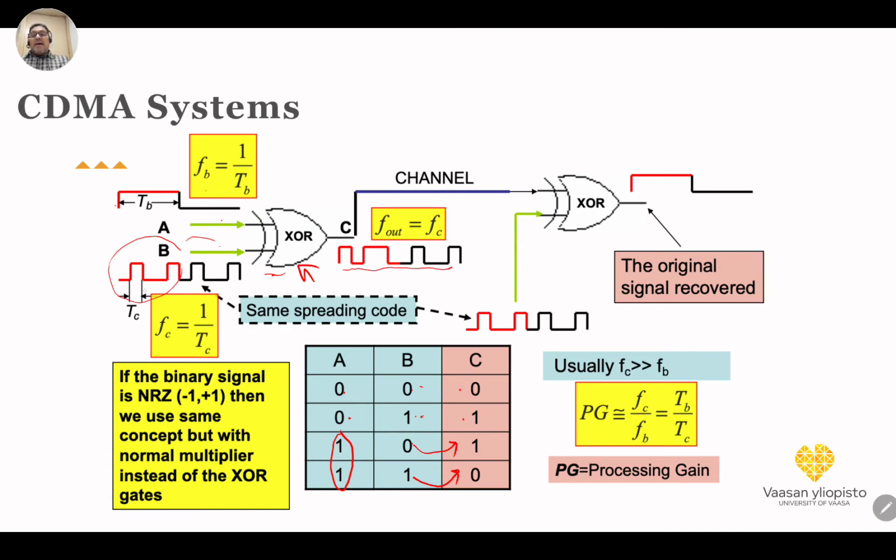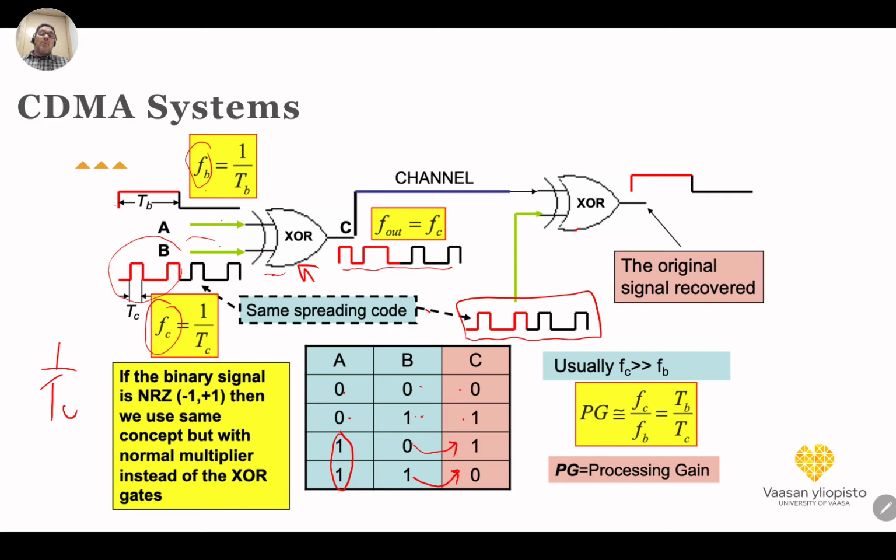The chip rate is 1 over TC. TC is the duration of one chip, and TB is the duration of one bit. So FB is the bit rate, FC is the chip rate. On the receiver side, it is exactly as in the multiplication. If we use the same code on the receiver side, then we can regenerate the transmitted signal again.